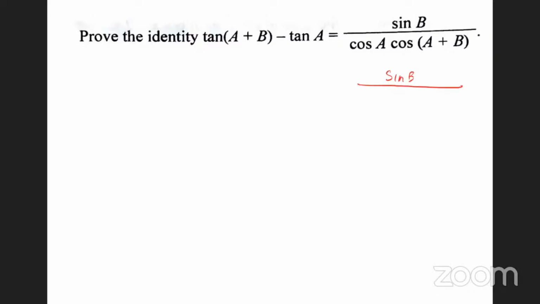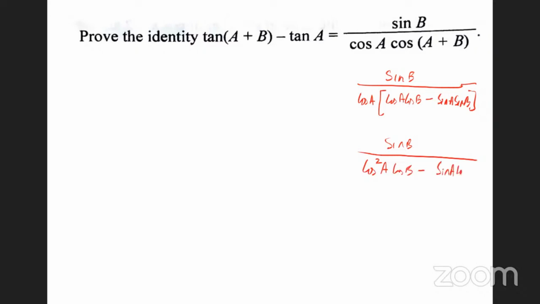Sine B all over cos A, by cos A cos B minus sine A sine B. So it might look like this: sine B all over cos squared A cos B minus sine A cos A sine B. We had to get that kind of funny looking thing on the left side.